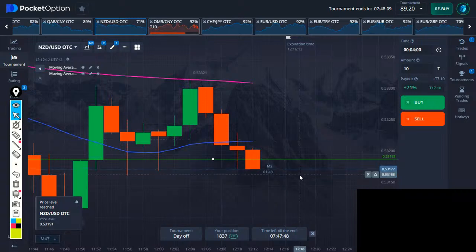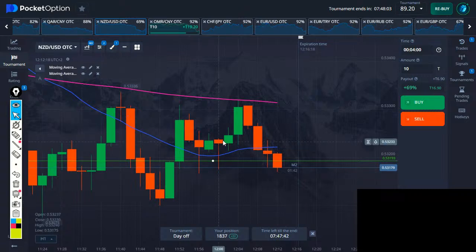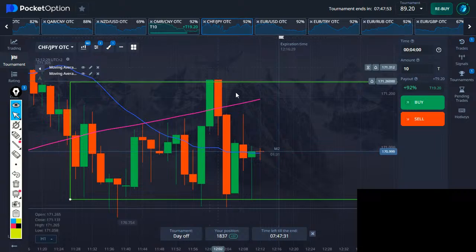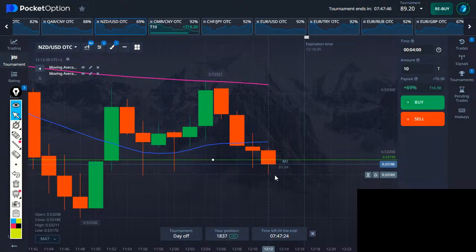Beautiful push. That's the momentum. Keep going, baby. Keep going. One, 2, 3, 4, 5, 6, 7, 8, 9, 10. Okay. Nope. I need push over here.